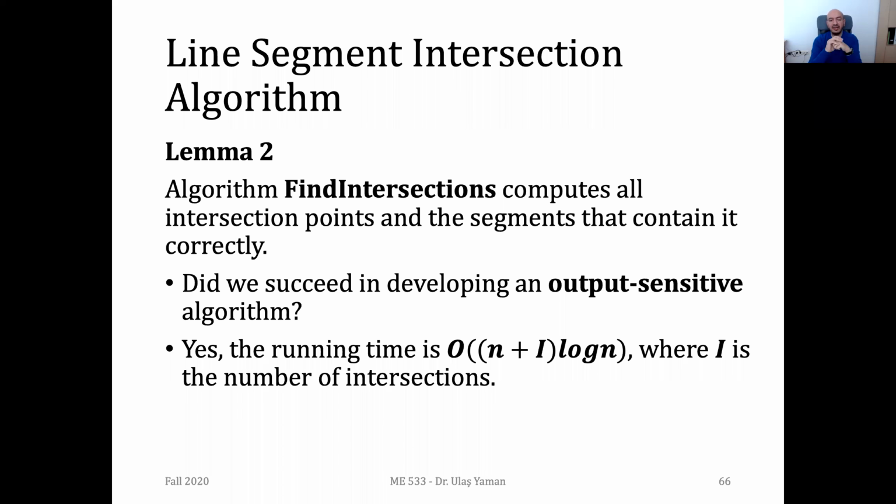For both of them, we are using a binary search tree. And we know that in binary search operations, most of the operations are done in logarithmic time. Searching or finding an item, inserting, removing items always take logarithmic time. So that's why we multiply these operations with the logarithm of n.